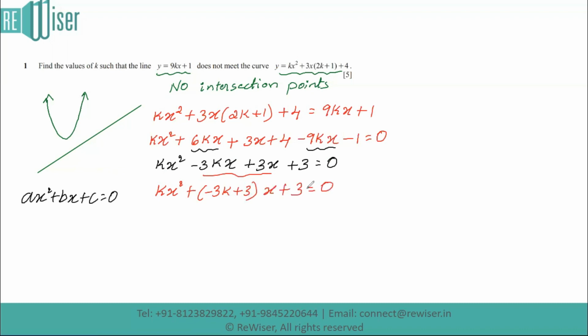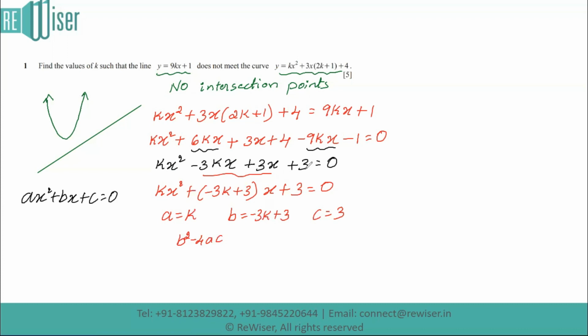Now when I compare this with the standard form of a quadratic equation, I can easily say that in place of a we have k, and in place of b we have minus 3k plus 3, or 3 minus 3k, so both are valid. In place of c we have positive 3. Now it has something to do with the discriminant, which is b² − 4ac. Whenever there is no real solution, that means if I solve this quadratic equation, I should not get any point of intersection.